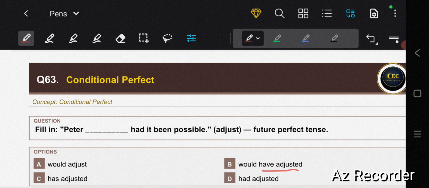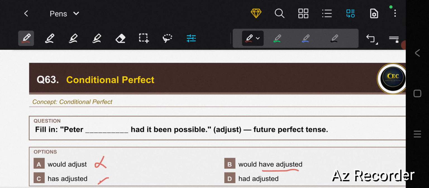"Would adjust" is not the formation of perfect. "Had adjusted" is also a kind of the formation of perfect.